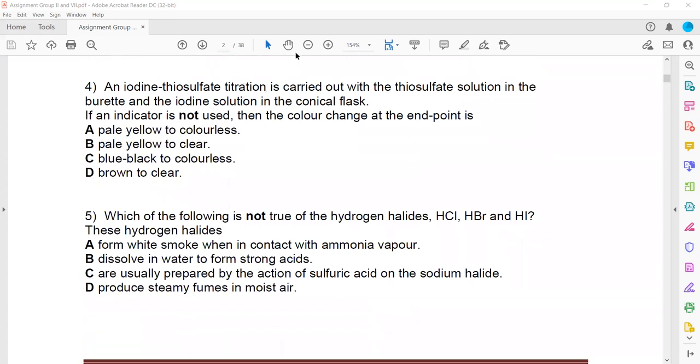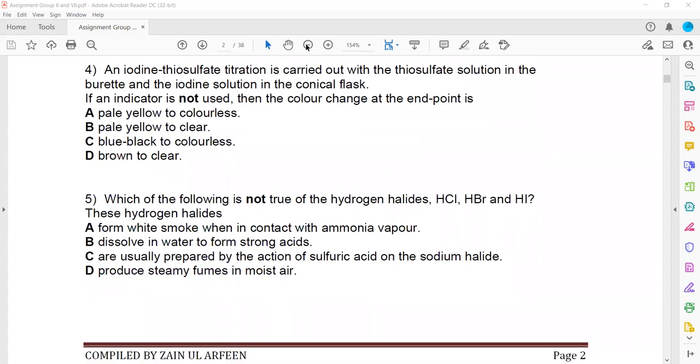In question 4, an iodine-thiosulfate titration is carried out with thiosulfate in the burette and iodine solution in a conical flask. If an indicator is not used, what will the color change be? So what is the reaction here? Basically, the iodine molecules are in the conical flask, and in the burette we are adding thiosulfate.